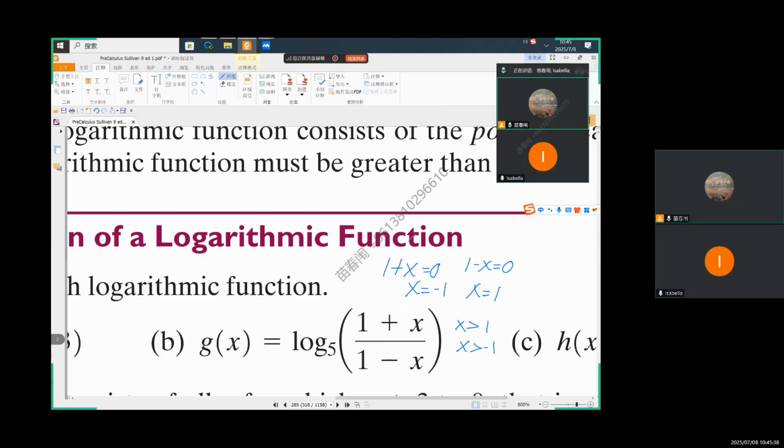Well, we have different ways to solve it. My way is to use something that I told you before. If a over b is greater than 0, then a greater than 0 and b greater than 0, or a less than 0 and b less than 0, right? So for this one, it's 1 plus x greater than 0 and 1 minus x greater than 0, or 1 plus x less than 0 and 1 minus x less than 0.